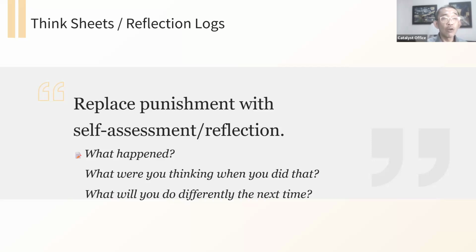Okay? Because this will be the springboard for the next part, which is what will you do differently the next time? So you can ask the student there, what steps can you take to assure that you will no longer be submitting requirements late?